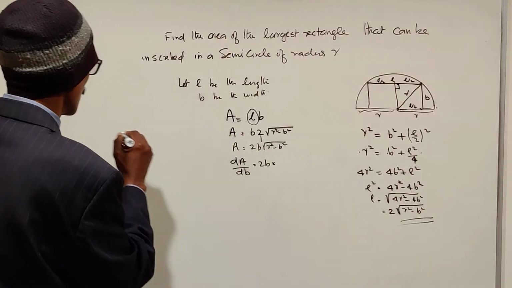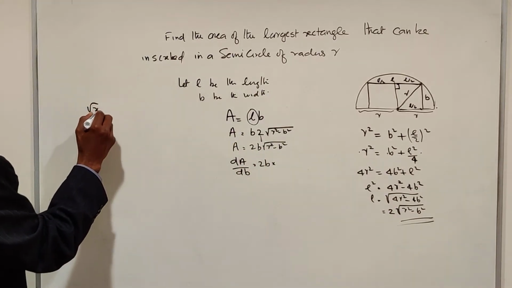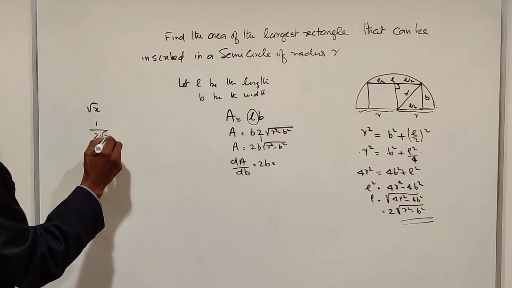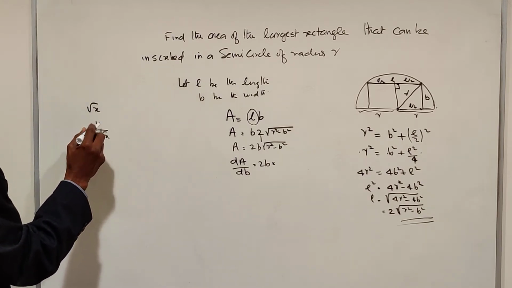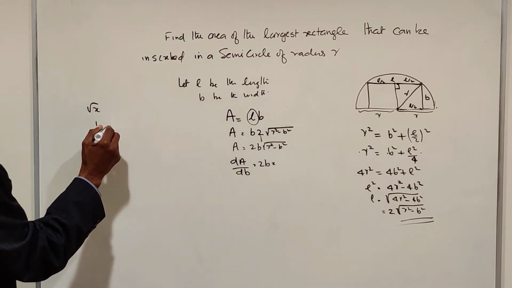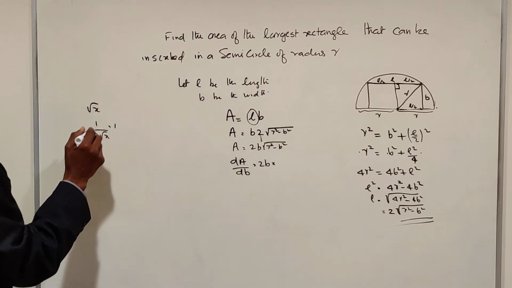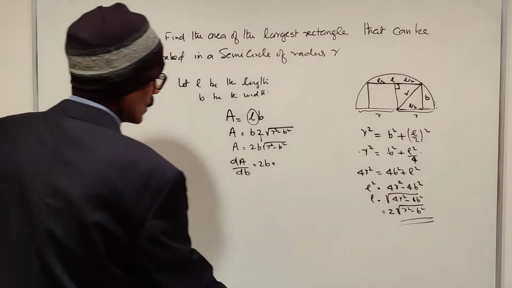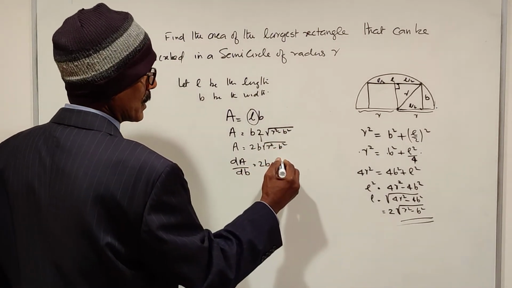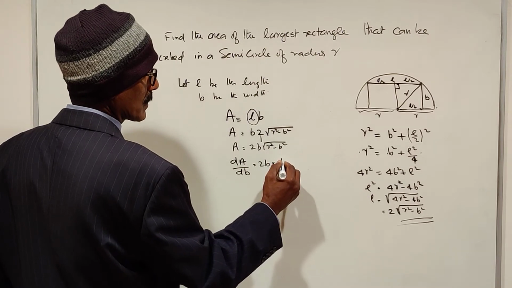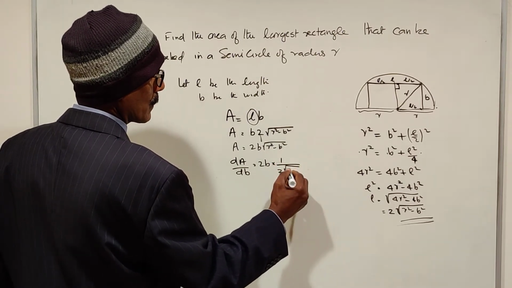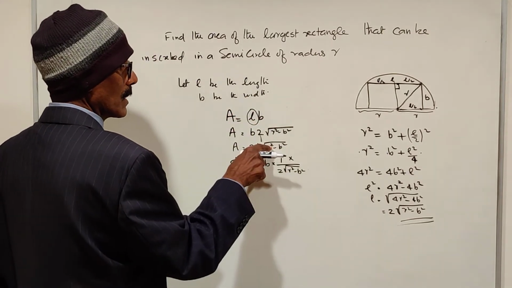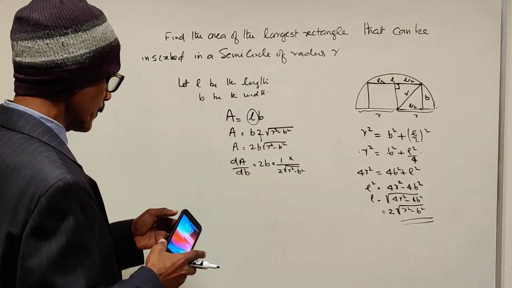What is the derivative of the square root of x? That is a formula: 1 by 2 root x. By the chain rule, after that you need to differentiate the inside. So the derivative of the square root of R square minus B square is 1 by 2 into the square root of R square minus B square, into the derivative of R square minus B square.